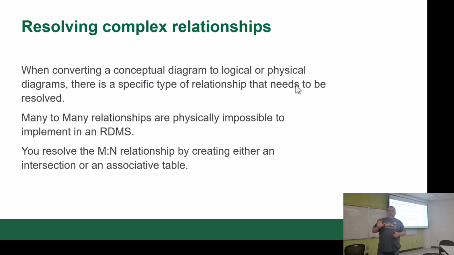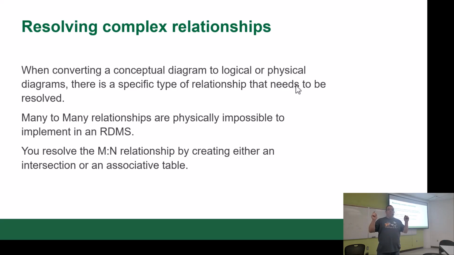So the next topic we have for logical design is resolving complex relationships. So far you understand the concept of one-to-one. That's fairly straightforward. It's not a complex relationship. One-to-many, you also understand that it's not complex.